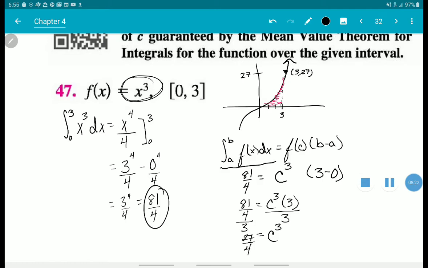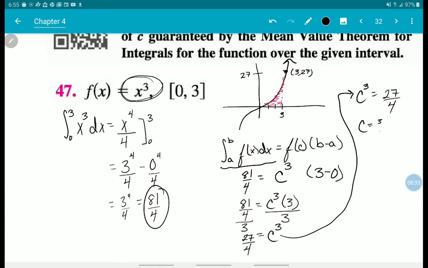So now if we want to solve that, we need to take the cube root of both sides. I'm going to squeeze this in up here, so I'm going to rewrite. Now let's take the cube root. So our c value is going to be the cube root of 27, which is 3, over the cube root of 4. So this isn't a very nice number, but it's a number.